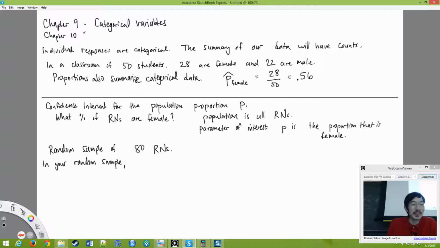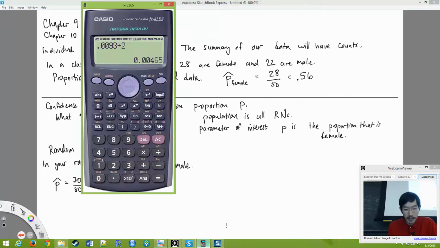So 70 out of 80? I have no idea. Does that sound reasonable? Sure. Okay, so we'll say 70 are female. I should probably do a little research before I make up these examples. But okay, a random sample of 80 nurses, and in your sample 70 of them are female. So our proportion p hat is 70 over 80, and that's 0.875.